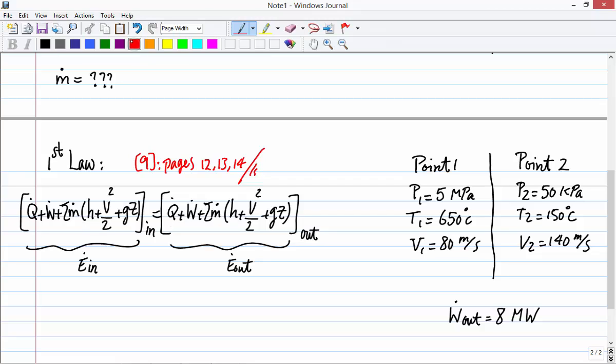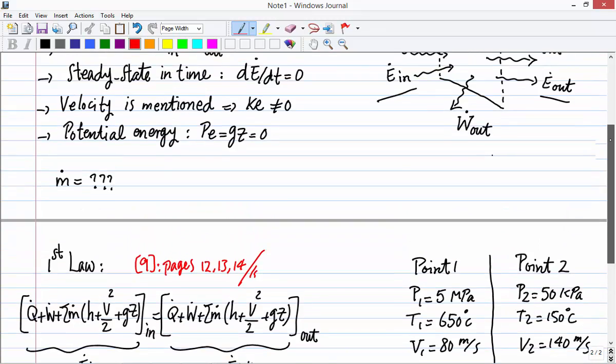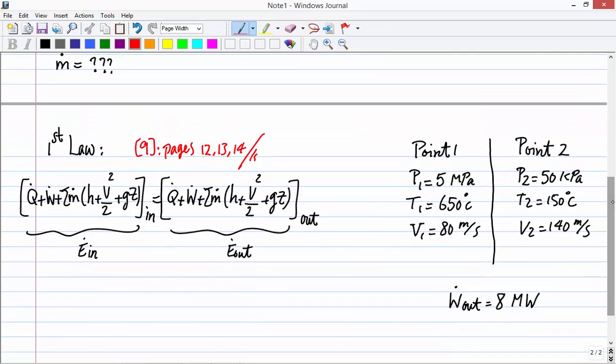As I assumed, I have some assumptions here. I know potential energy does not change, and it's adiabatic, so the heat fluxes are gone. And it's a turbine, and it provides work, so I'm just going to have W dot out.